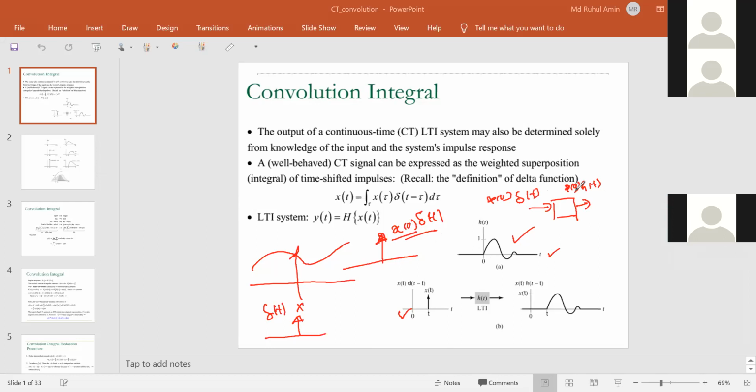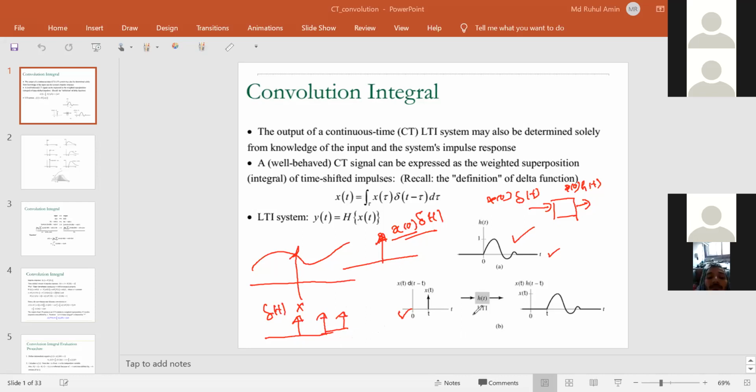So as a result, generally, you can shift your impulse to a certain location and perform the same operation. Again, you shift your delta to another location. That shift in our discrete time signal was discrete, but in the continuous time signal, it will be continuous.